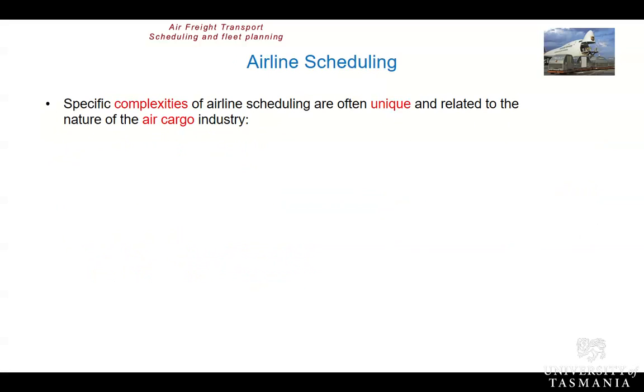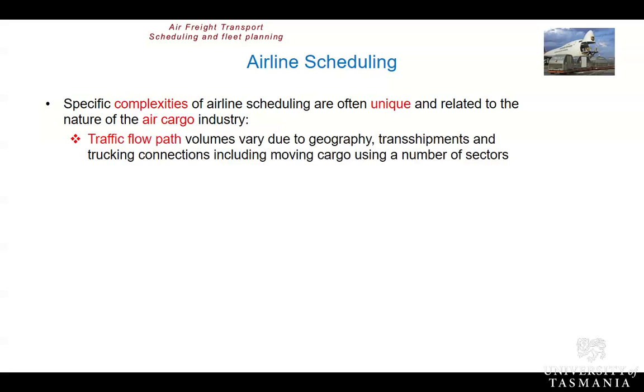And I guess one of the things about airline scheduling, particularly in regards to the air cargo industry, is that it's got a number of complexities which makes it quite unique from other types of airline. One of the first aspects in that regard is the traffic flow.